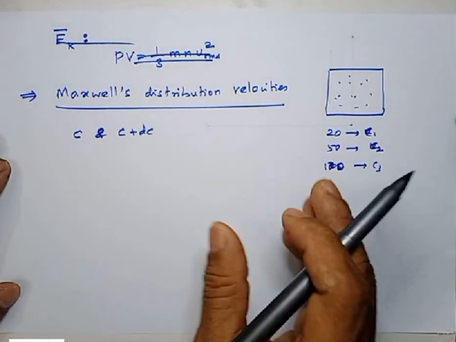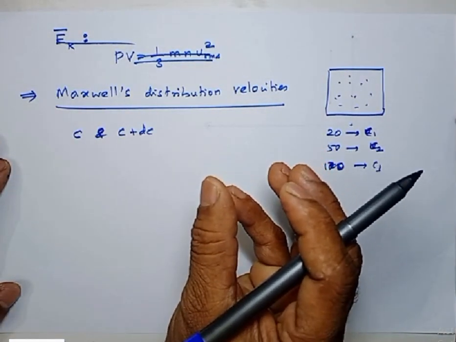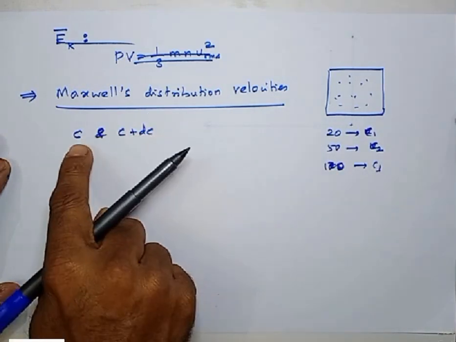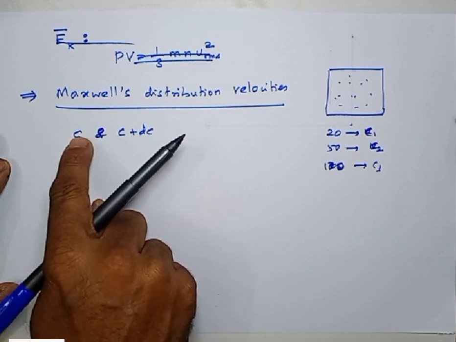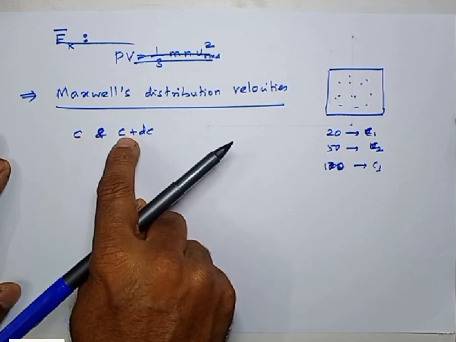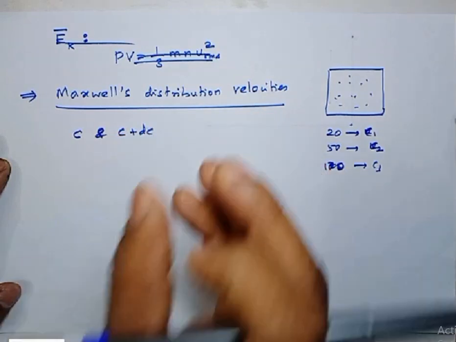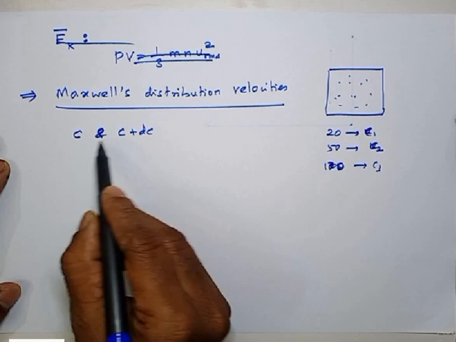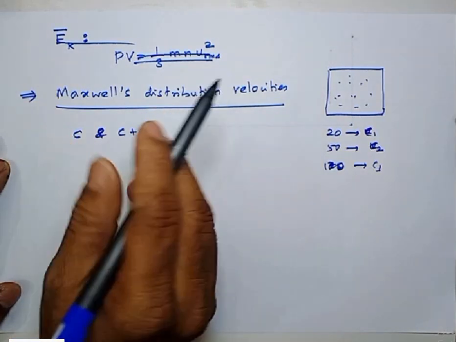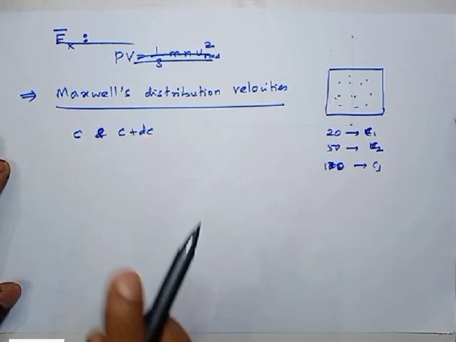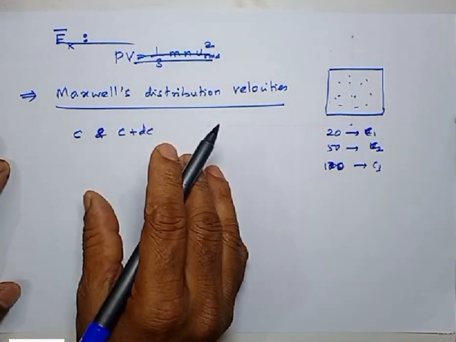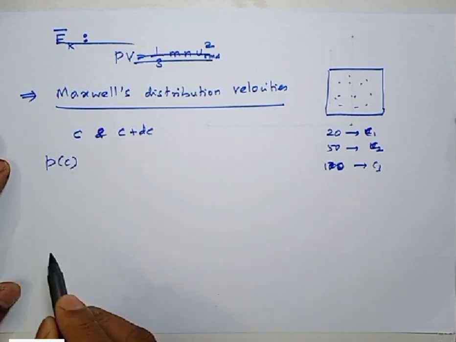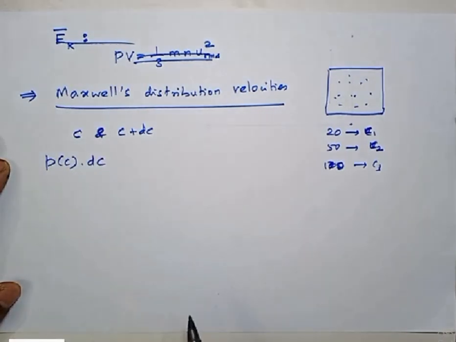Now what is the fraction of molecules having velocity between c and c plus dc? c is the velocity of molecules, and c plus dc is some small additional velocity. What fraction of molecules are present between c and c plus dc? That I am going to represent as P of c into dc. What is P of c into dc?